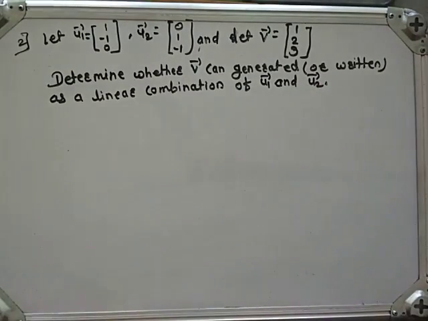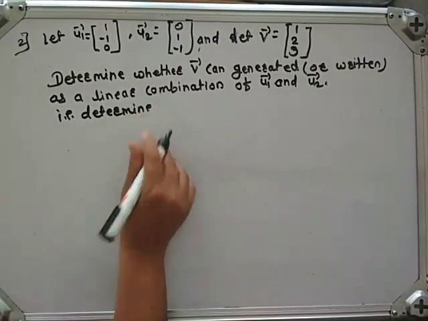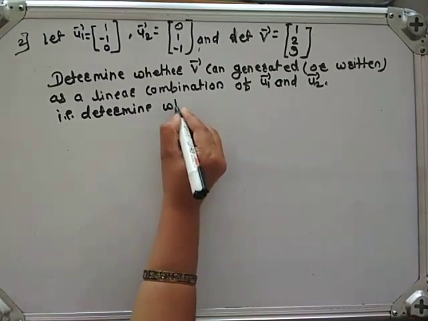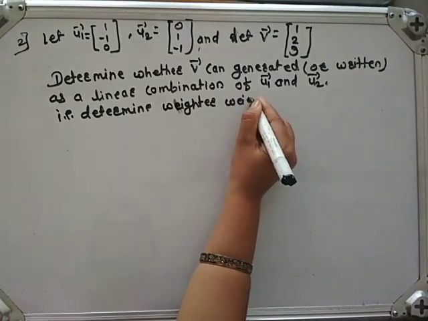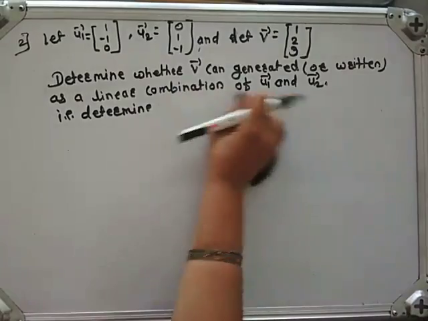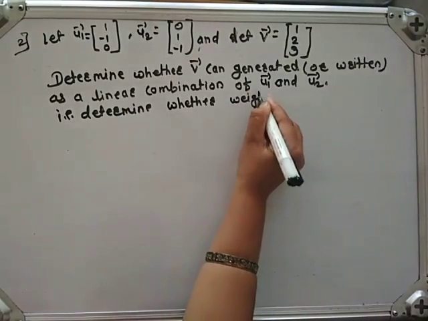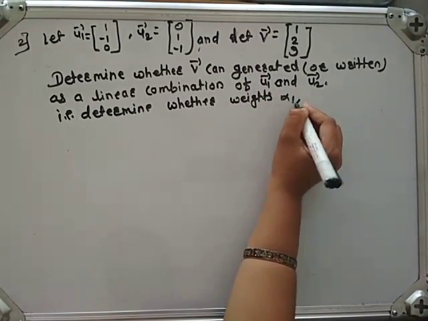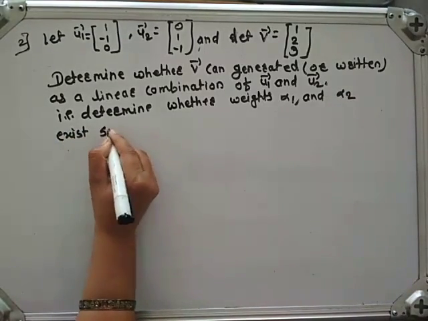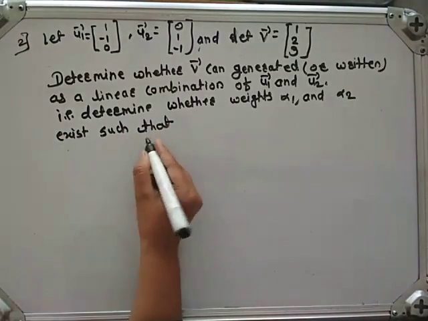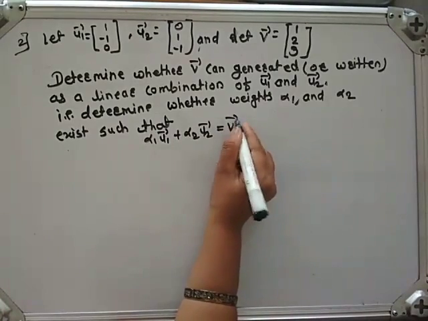That is, determine whether weights alpha 1 and alpha 2 exist such that alpha 1 into u1 bar plus alpha 2 into u2 bar is equal to V bar.